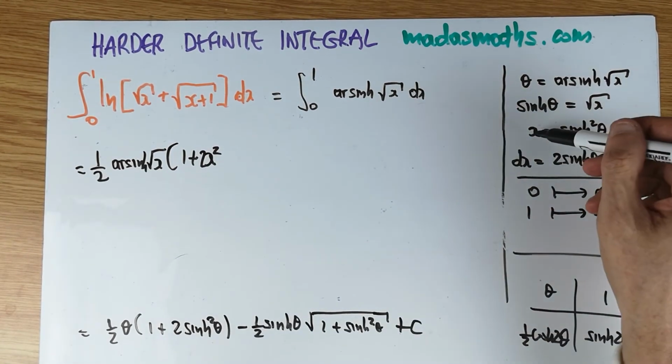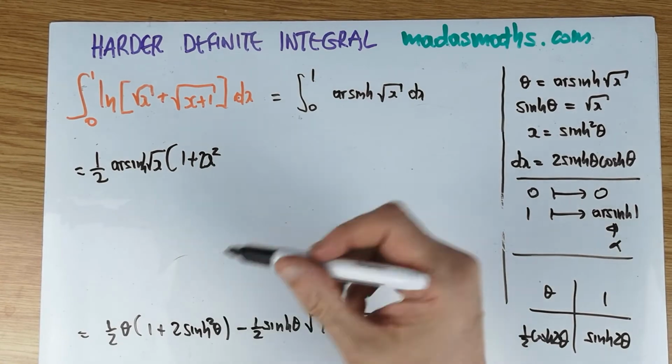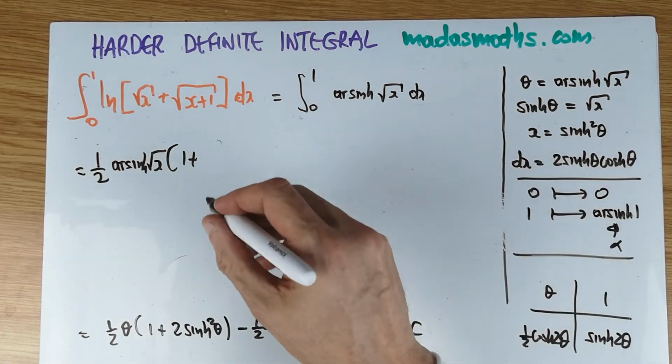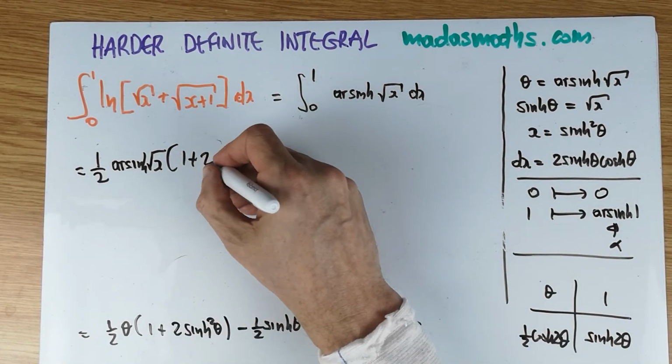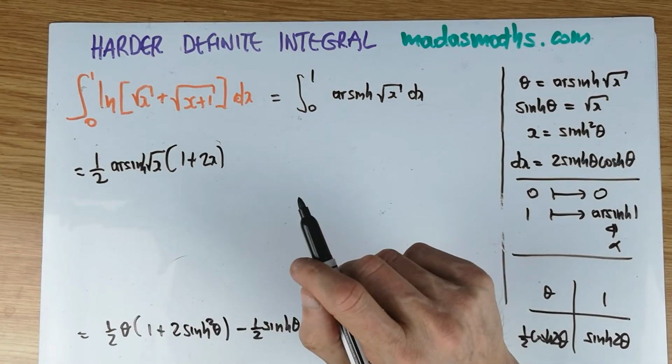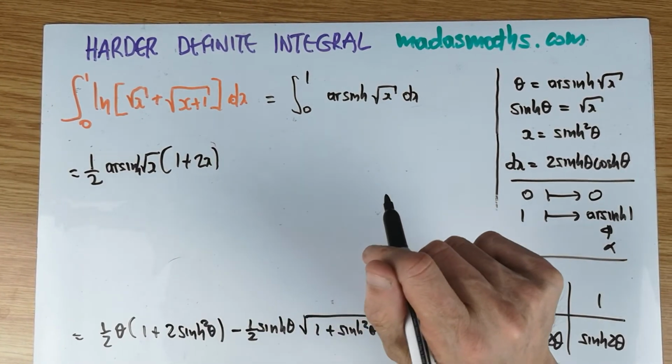Sine squared theta is x. So no, it's not. There's a mistake in there. Wait a second. Sine squared is just x. That's 1 plus 2x. That we've got in there. Okay, so far. And where are we going from there?